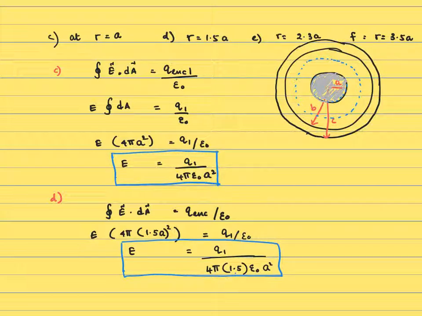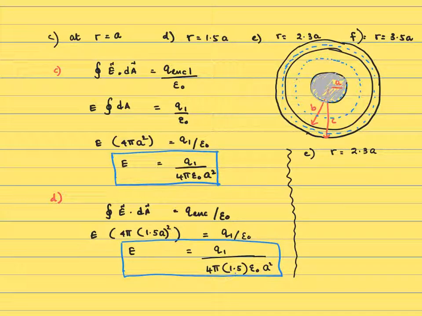I'm going to draw a line to separate this, because part E is pretty straightforward and easy, and also part F. So here we go, part E. We are looking at a distance of 2.3a, and if I draw the Gaussian surface there, it lies right inside the conducting shell, in between the inner and the outer radii.